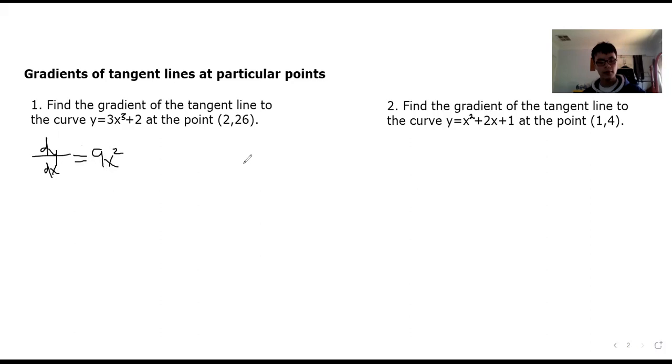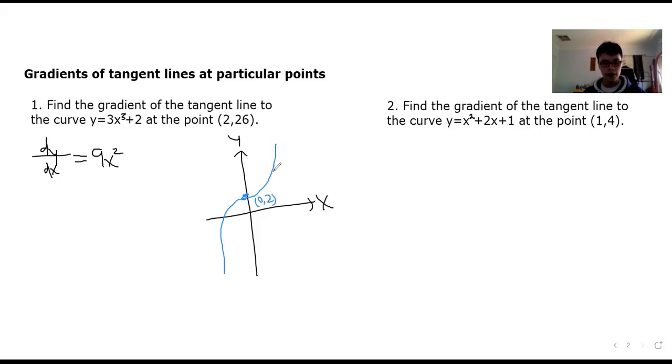Let's also illustrate this on the graph. Let's say that we have y, and then we have our point of inflection at x equals 2. This is our cubic function, and this is at (0, 2).